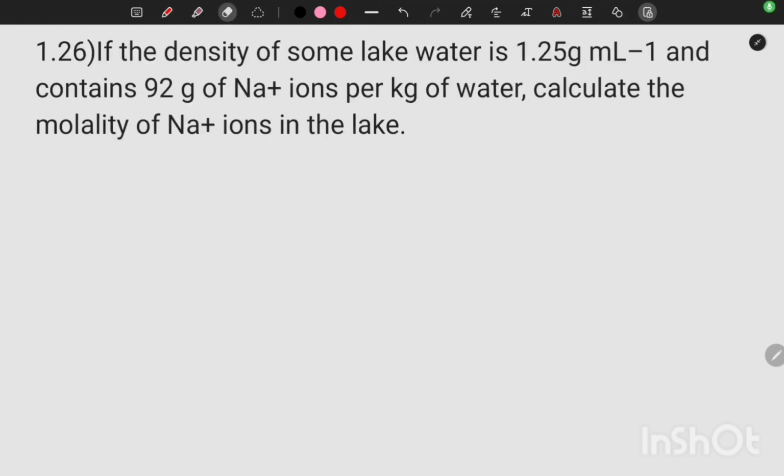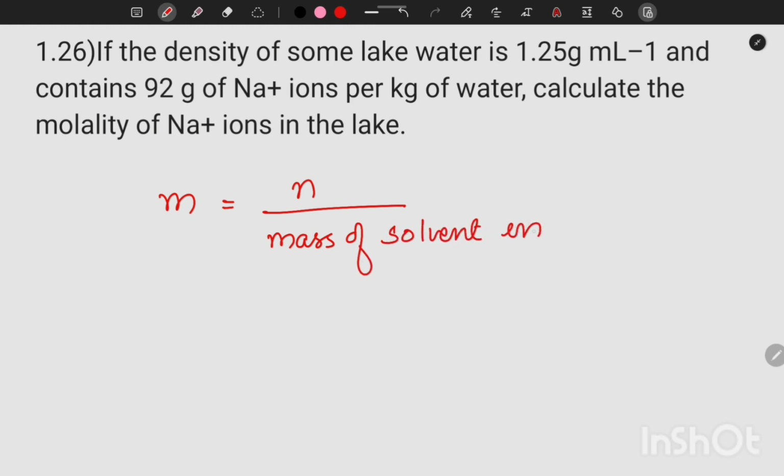If the density of some lake water is 1.25 gram per milliliter and it contains 92 gram of sodium ions per kilogram of water, calculate the molality of Na plus ions in the lake. So molality is equal to number of moles of the solute divided by mass of solvent in kg. Number of moles we can express as mass by molar mass.